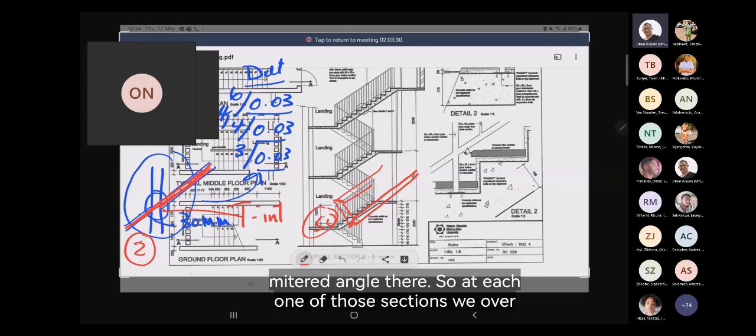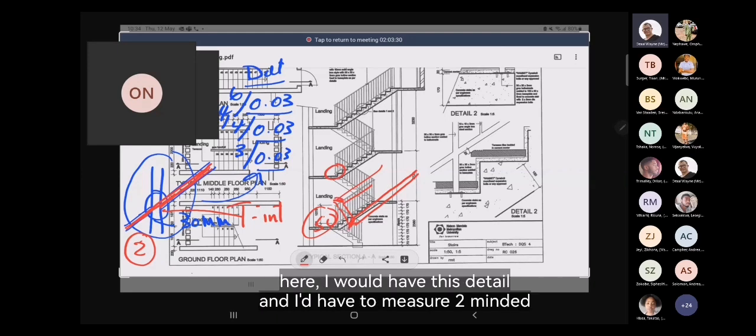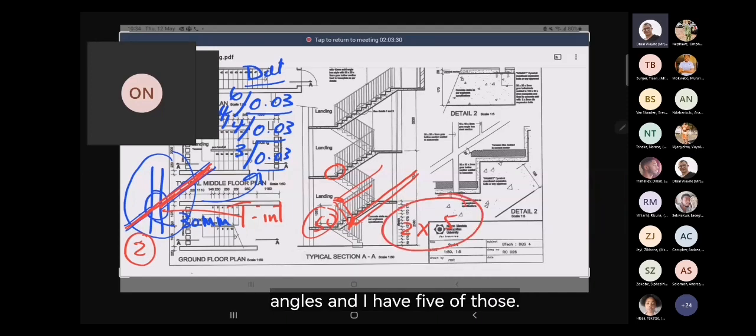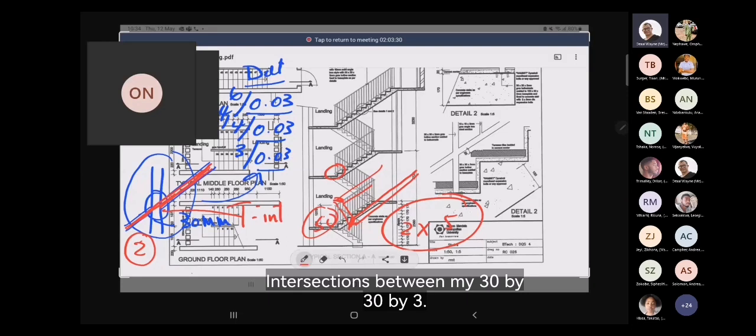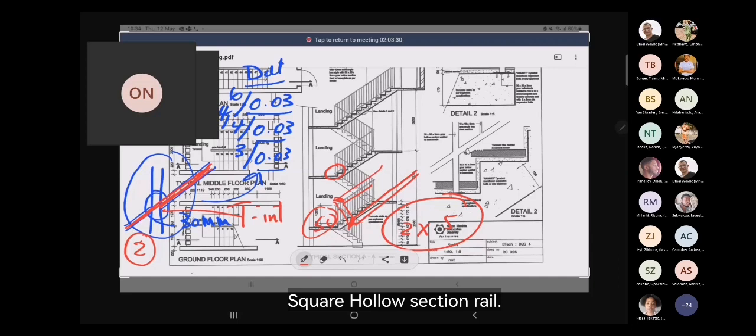So at each one of those sections I would have this detail and I'd have to measure two mitered angles, and I have 5 of those intersections between my 30 by 30 by 3 square hollow section rail.